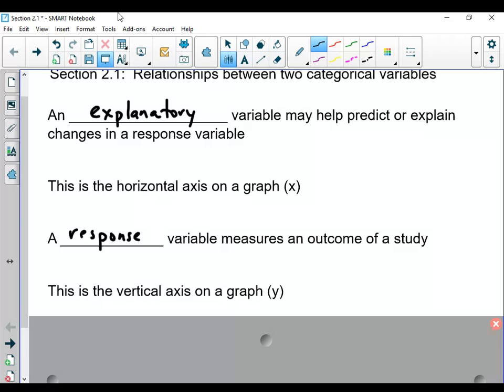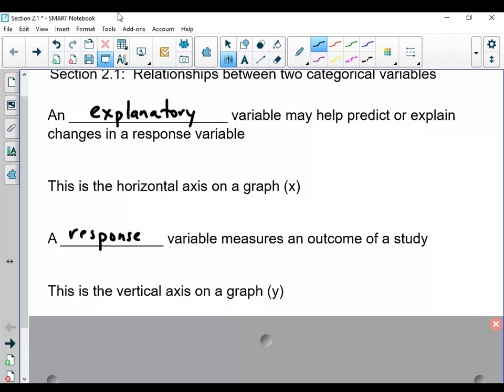For instance, if I'm talking about categorical situations, the explanatory variable, or what's on the x-axis, might be like when we did surveys earlier, you may have asked what color are your eyes? Those options would be on the x-axis, on the horizontal axis. The response would be how many times people answered that, and that's what went on the y.